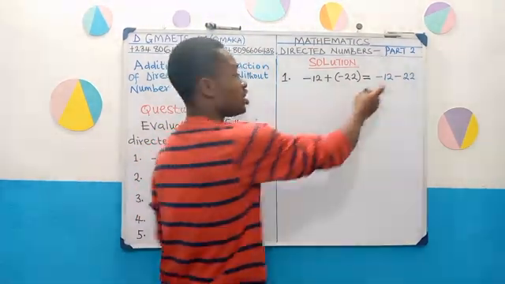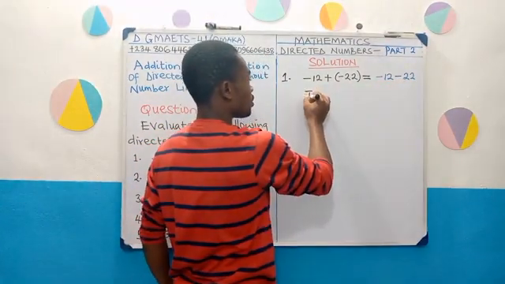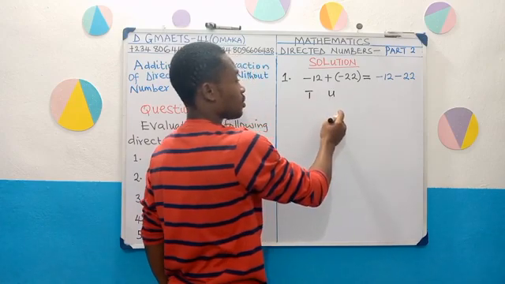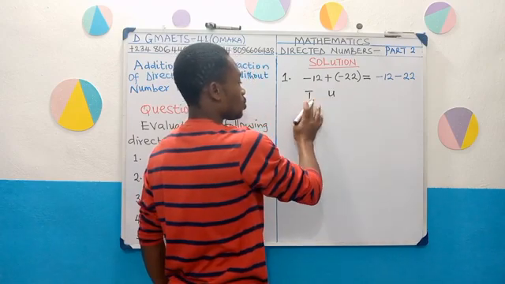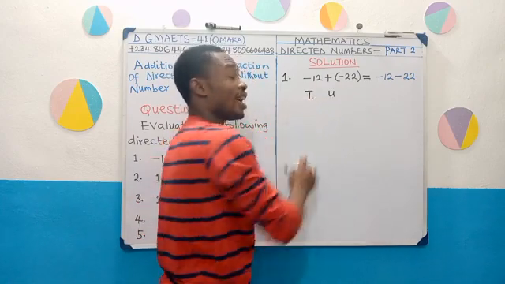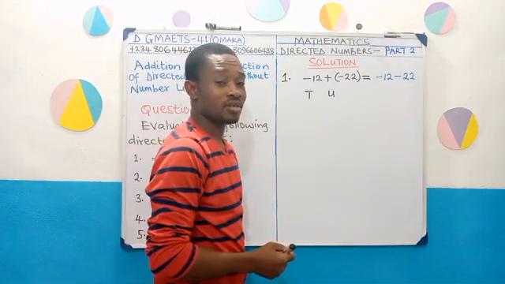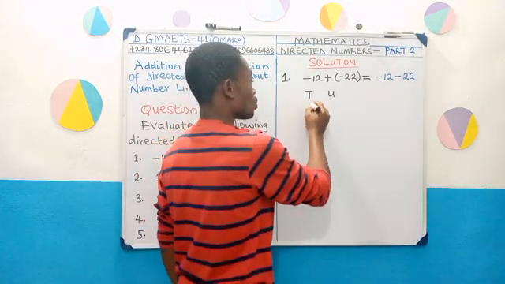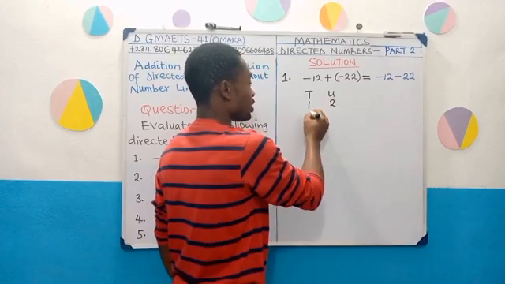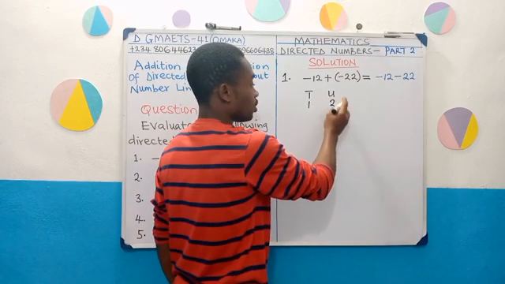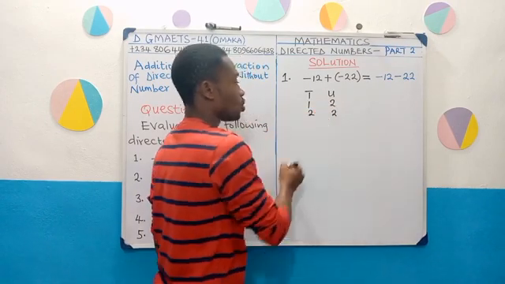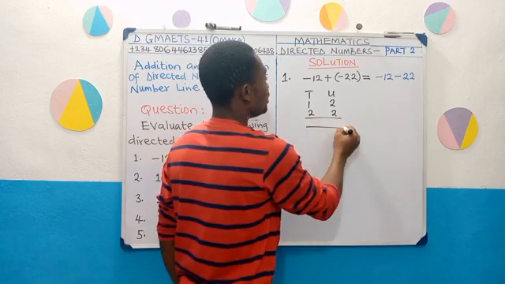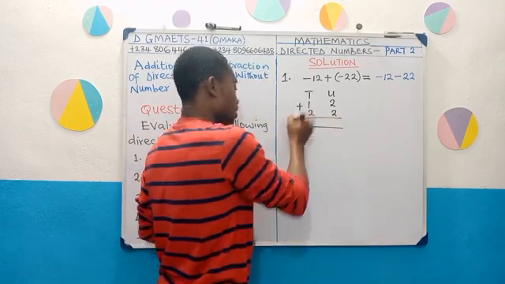That is 2-digit numbers, so you have your tens and units. So I will write 12. Okay, I like always writing the bigger number first, but it doesn't matter. I can still put 12 because I'm going to add. Then 22, you'll start from units, 22 like this. So we're going to add this.